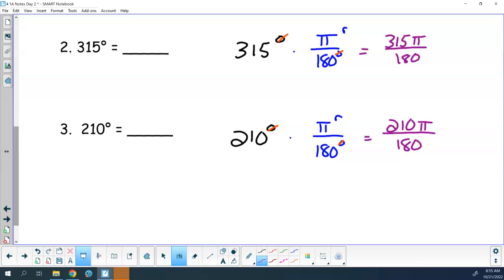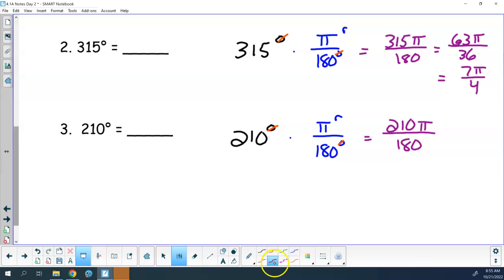Let's see, 315, can that be divided by 5? Well, yeah. What is that? 63? Over 18 would be 36. Divide both by 9.